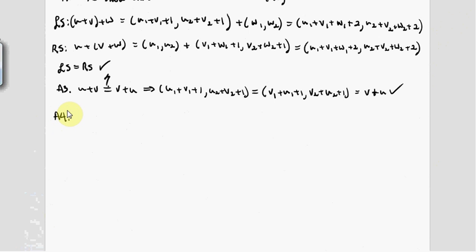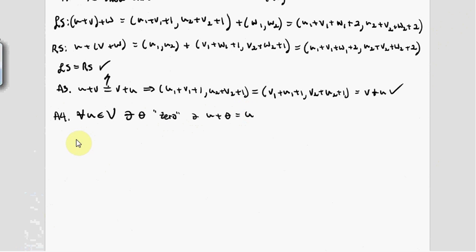A sub 4 is the 0. So here, for every u that's in this space, there exists a 0 such that u plus 0 has to equal u.